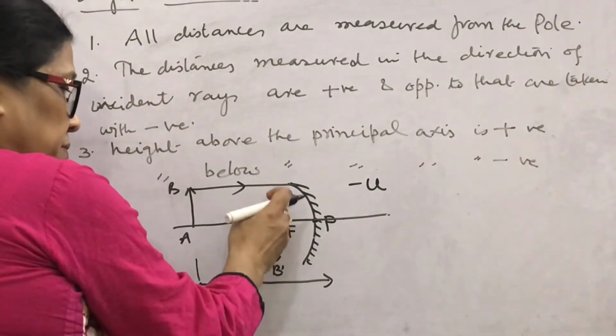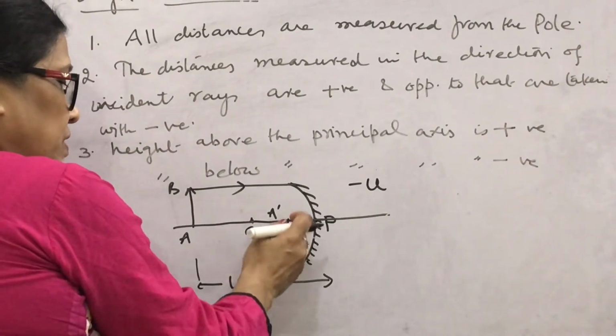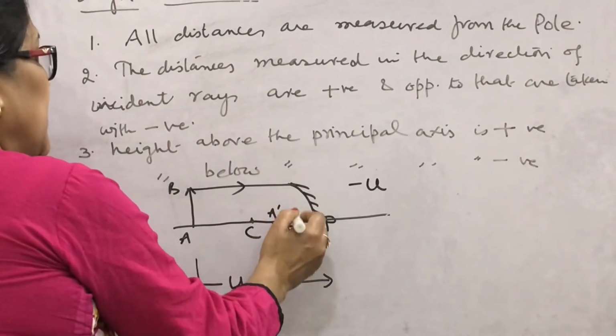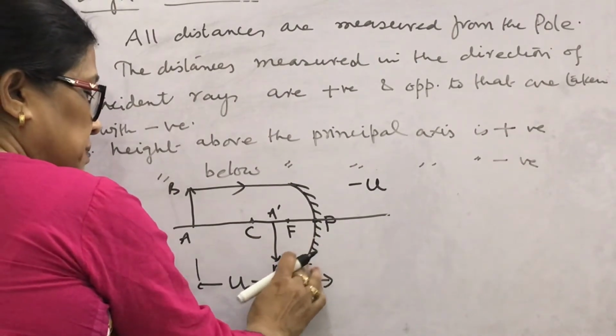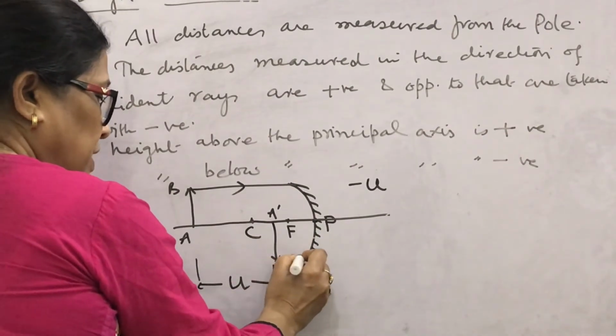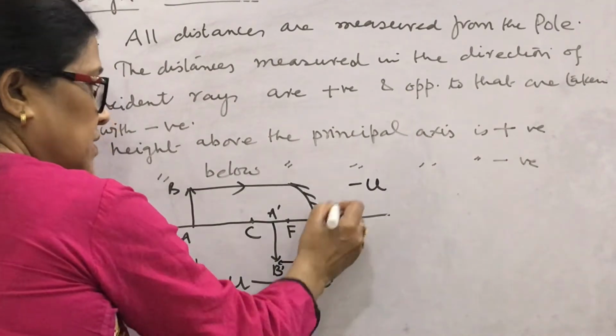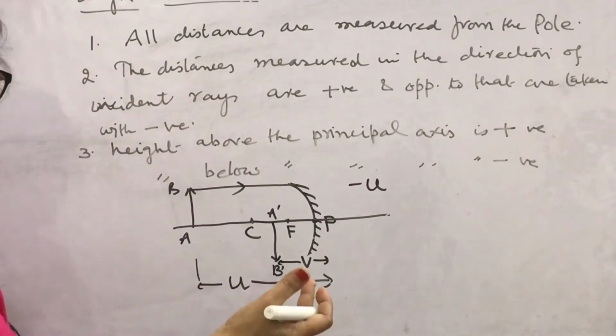Similarly, the image is also formed in front of the mirror. The distance of the image from the pole, represented by the symbol V, what will be the sign of V?